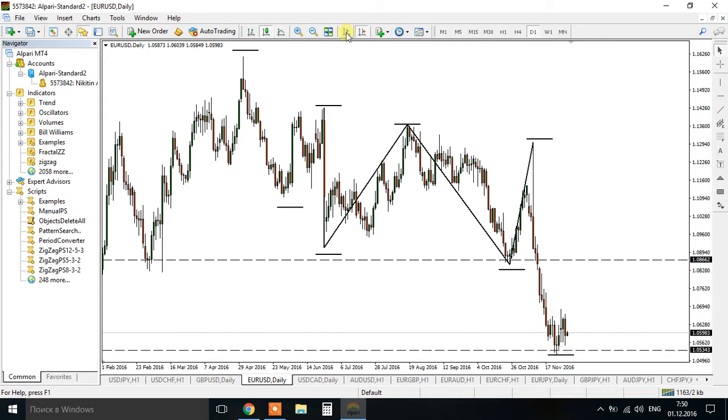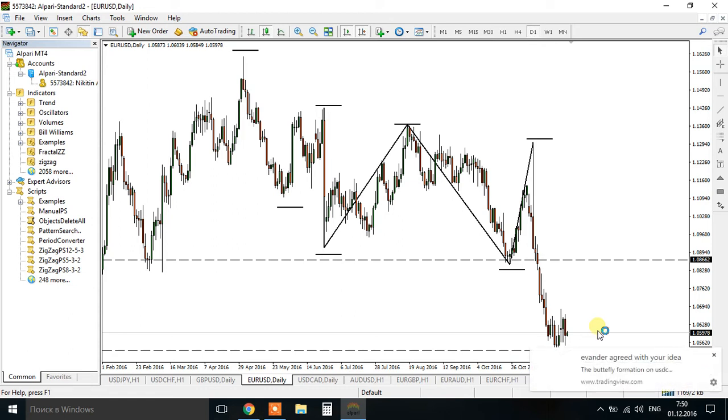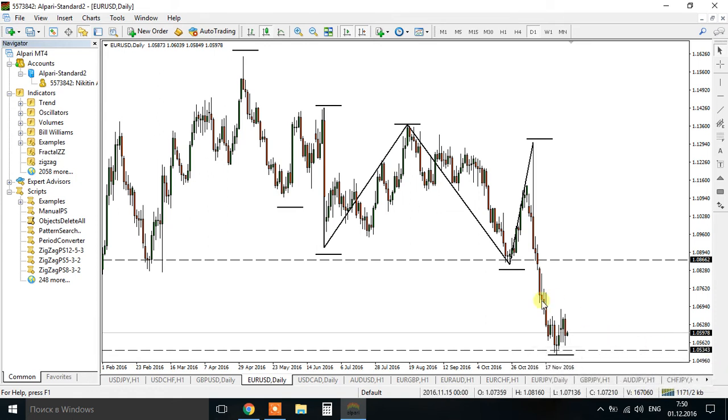Price in the history bounced off that level, so we have good probabilities, more than 50%, that price will move to the upside if it goes a bit lower to that support level. So the prediction part says price will go here and then the downtrend will continue.